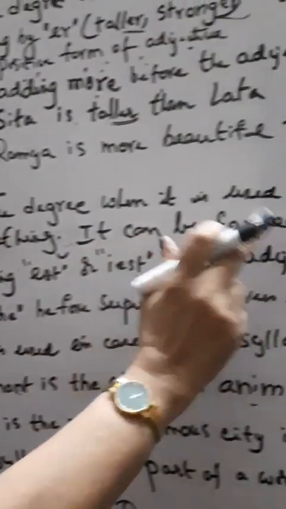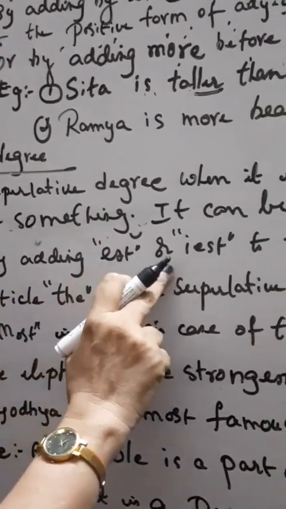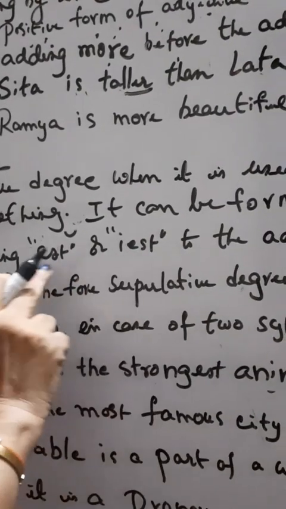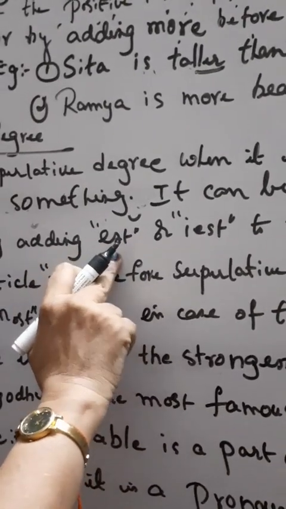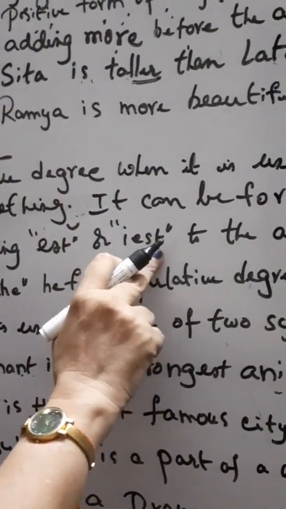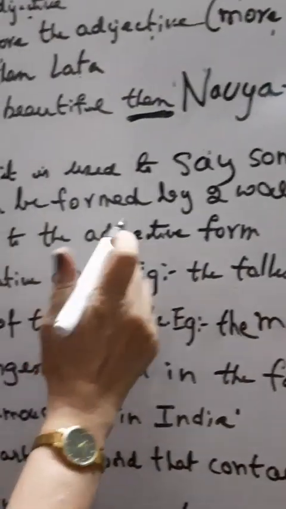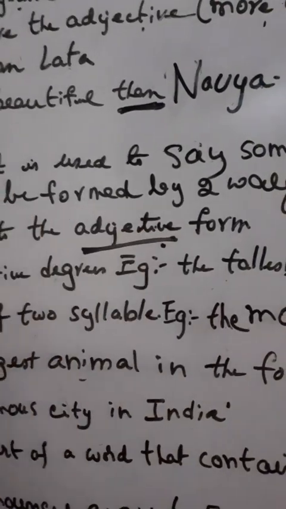It can be formed in two ways. By adding est or iest. Est: strong, stronger, strongest. Iest: lazy, lazier, laziest. To the adjective form.